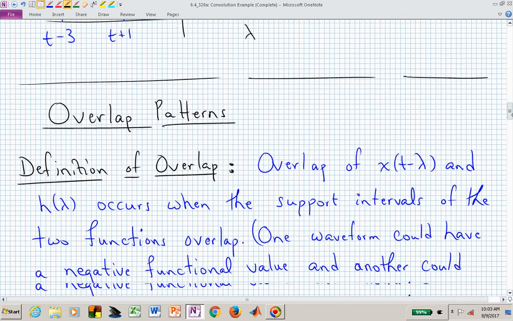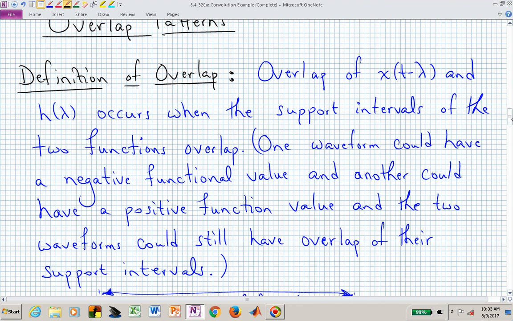So let's now look at overlap patterns. And in particular, let me try to define what I mean by overlap. Overlap of x of t minus lambda and h of lambda doesn't mean they have to be both positive or both negative. It just means that they share an interval on the independent lambda axis.